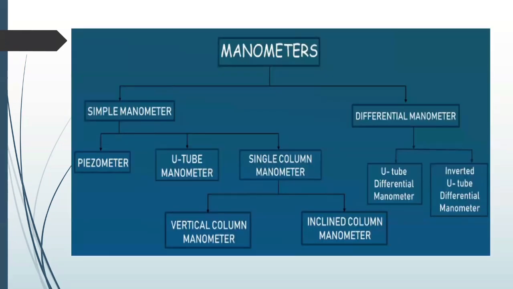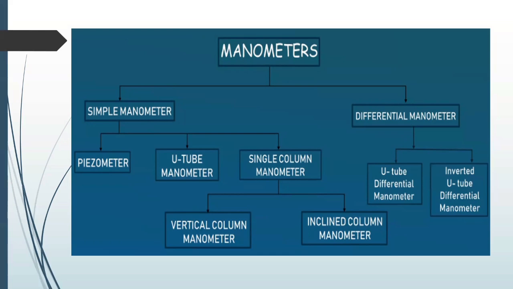So this is a chart which shows the types of manometers. Firstly, manometers are divided into two types: the simple manometer and the differential manometer. The simple manometer is subclassified into three types: piezometer, U-tube manometer, and the single column manometer. The single column manometer is again subclassified into two types: the vertical column manometer and the inclined column manometer.